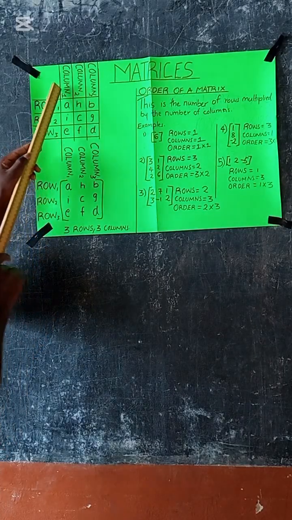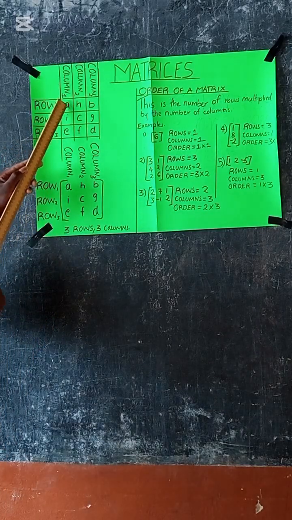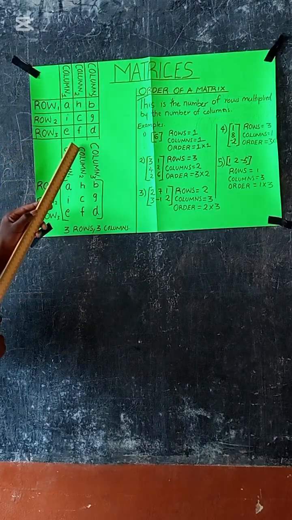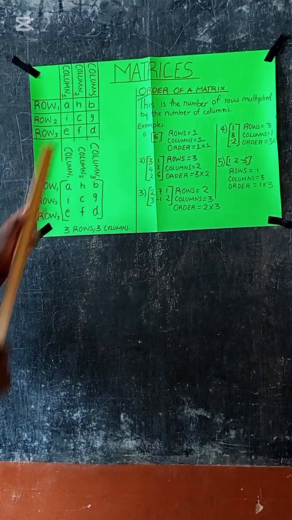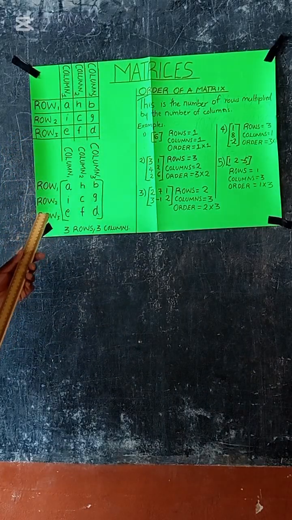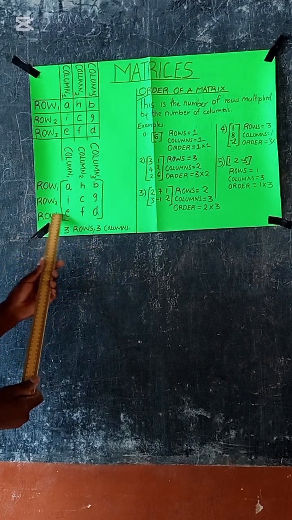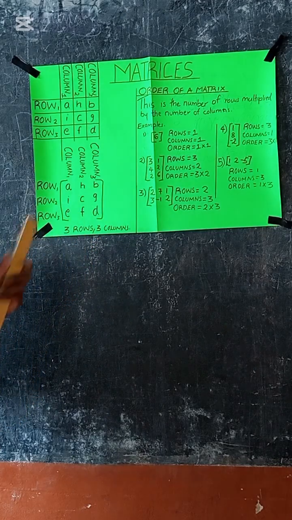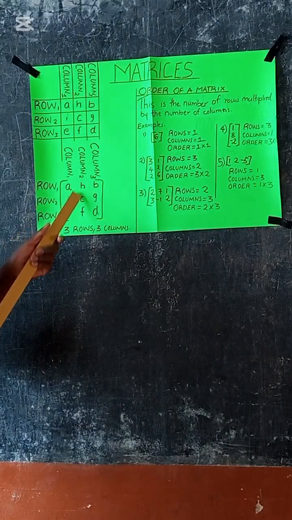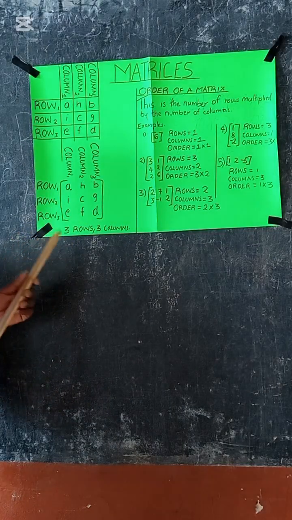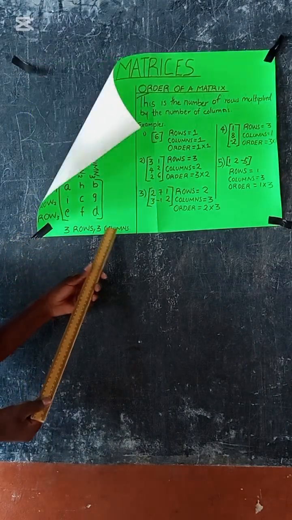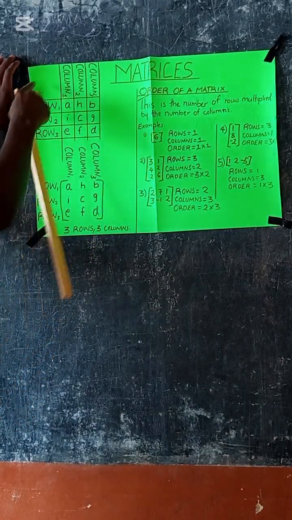And we have column 1, that's A, I, and E, then column 2, and column 3. So written as a matrix, we have row 1, row 2, and row 3. Columns, we have column 1, column 2, and column 3. So we have 3 rows and 3 columns in this matrix.